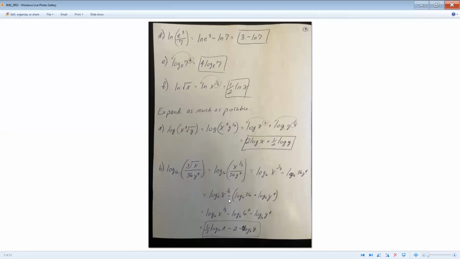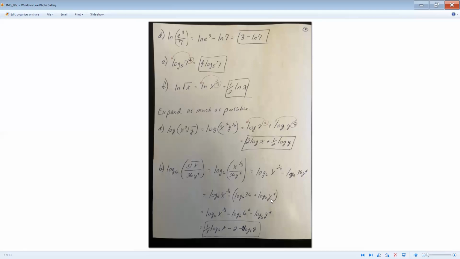Negative sign sitting on the front. Now I can distribute that negative to each term. So notice each term that came out of my denominator will be negative. So that's log base 6 of x to the 1/3 minus log base 6 of 6 squared. I turn that 36 into 6 squared since I have a base of 6.